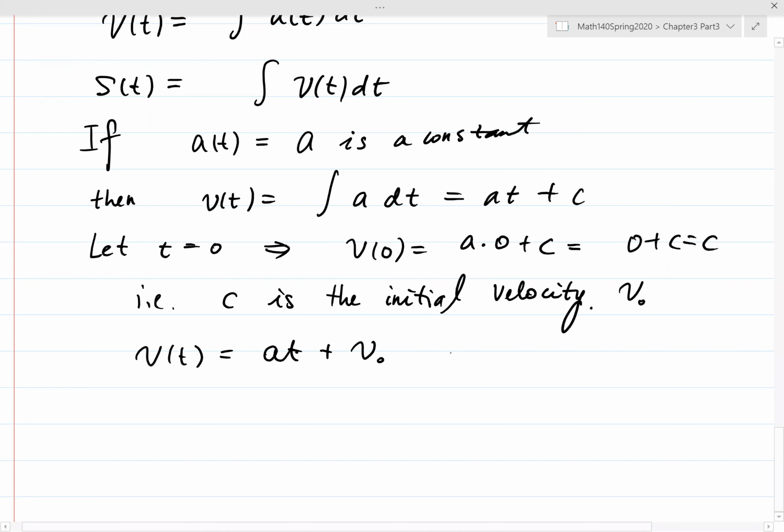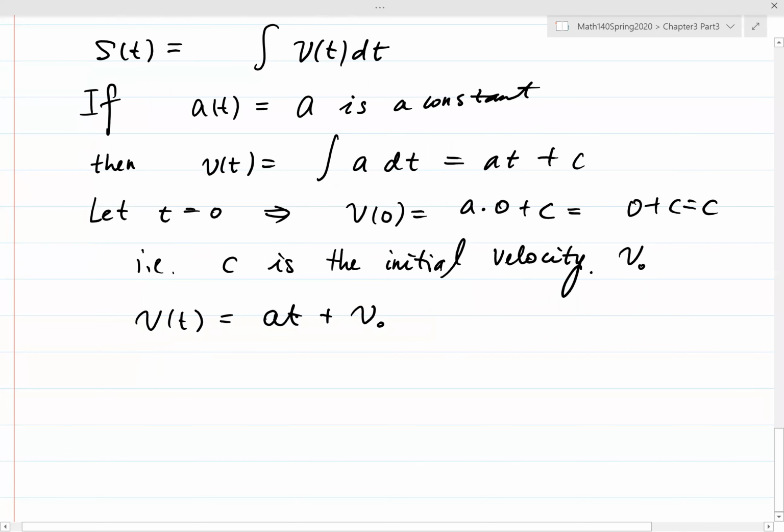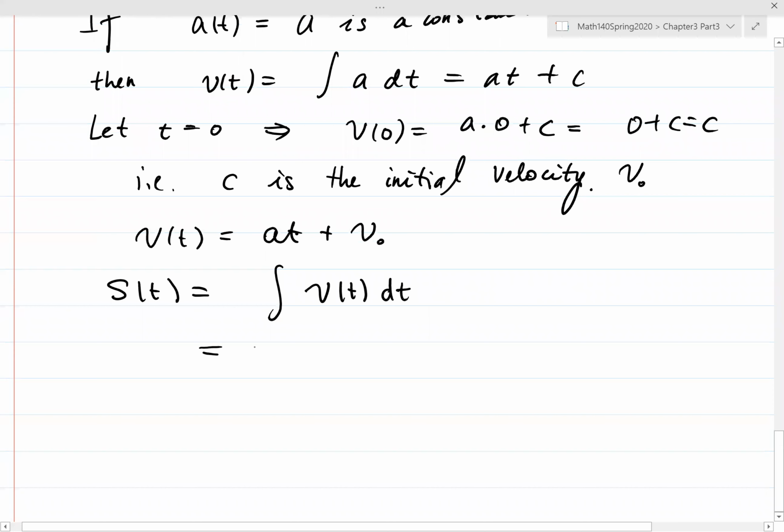Once we solve v of t, we can find its position function. The position function is the antiderivative of v of t. We substitute, and it's more conventional to write v0 plus at, integral of v0 plus at dt.